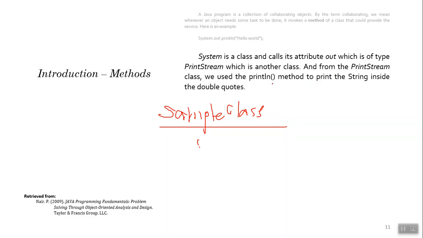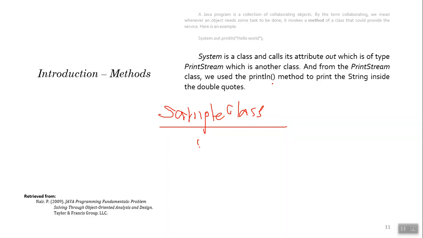So we have here two classes that collaborates with your sample class in order to print a text or a string. So here, as you could see, this program is a collaborating classes in order to perform a single task. Okay, so that's how method works.